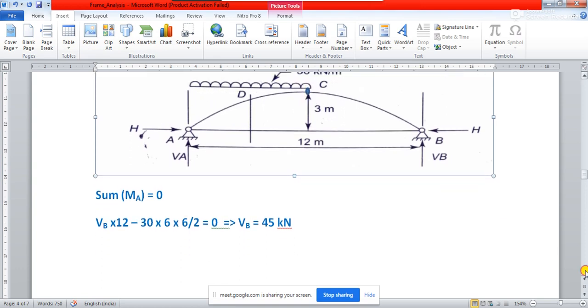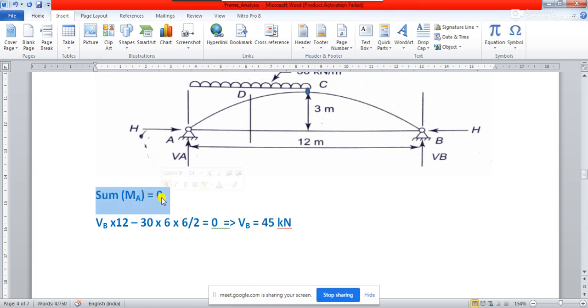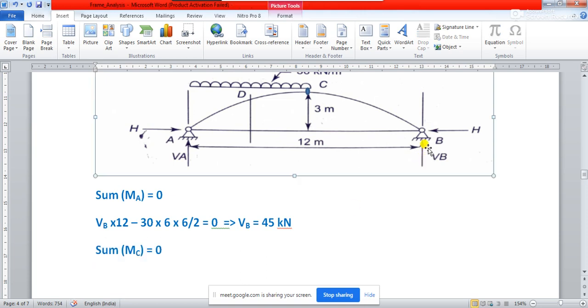We can say that the sum of all the moments about the hinge, that is actually the C, should be also equal to 0. Okay. Now considering this, you now know the value of VB.